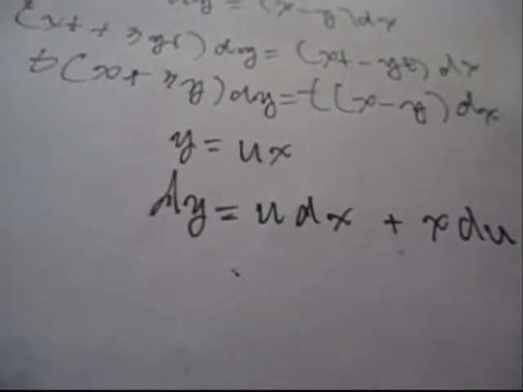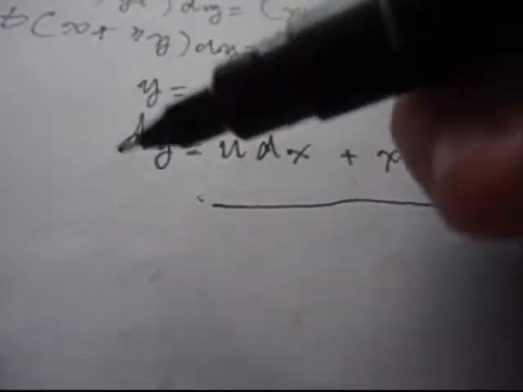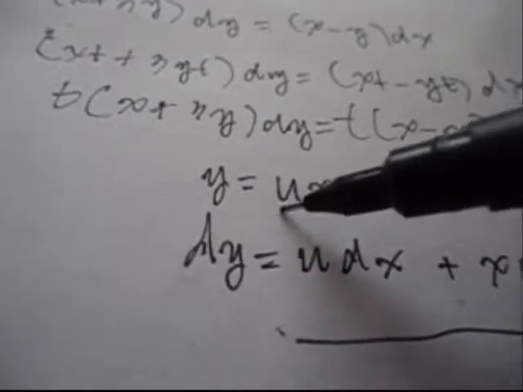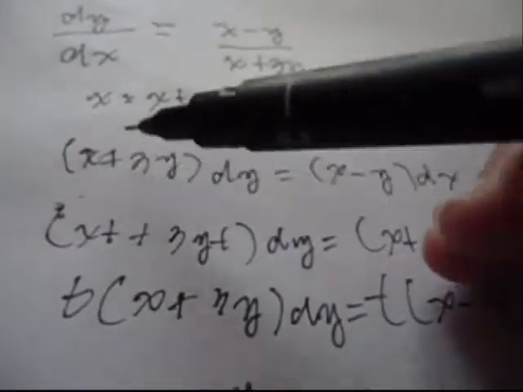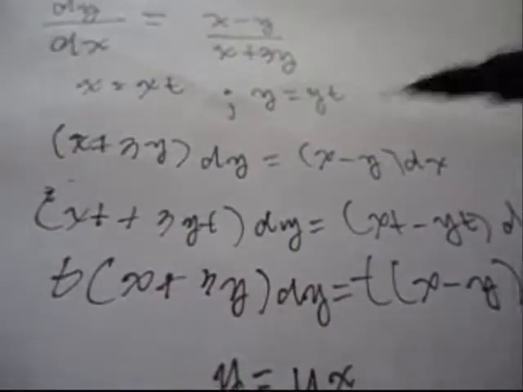Then after that we will substitute this term to dy and this term to our y. We will substitute it to our equation x plus 3y dy equals x minus y dx.